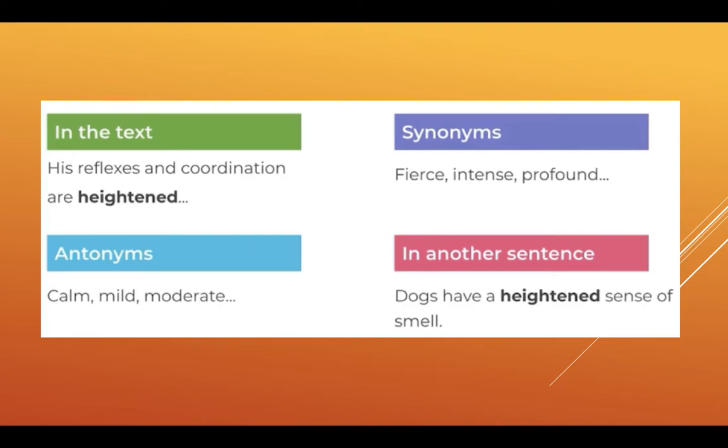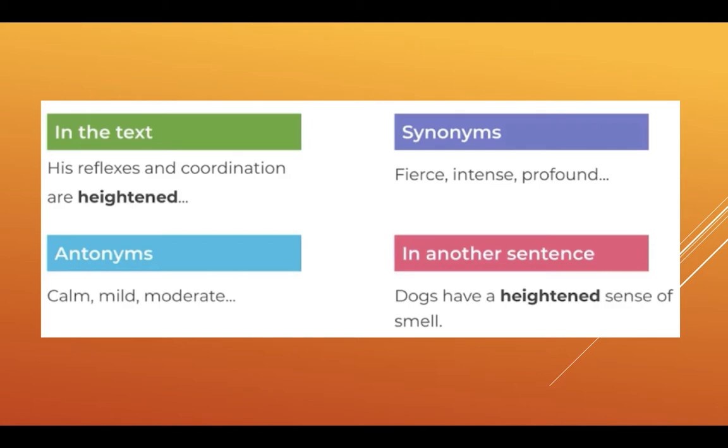And if we put heightened in another sentence, we could have: dogs have a heightened sense of smell. Of course, dogs are very, very useful. If you go to the airport, they use them at the airports because dogs have a very, very powerful sense of smell. People can have items in their bags and the dogs can still smell what's inside the bag.